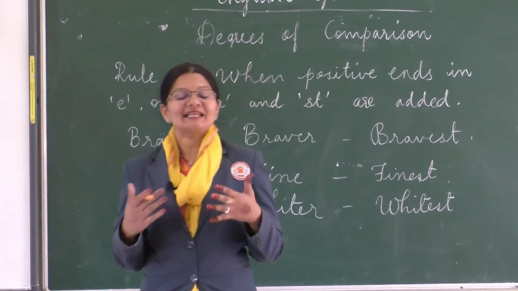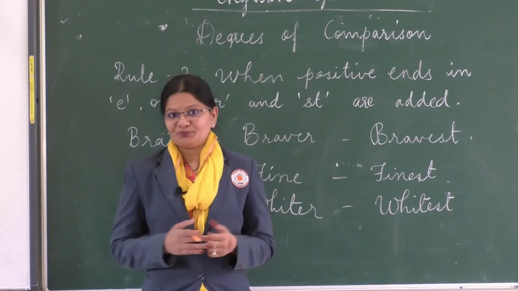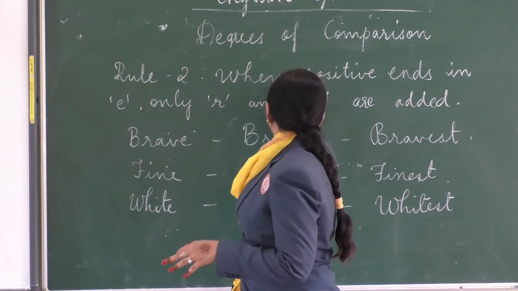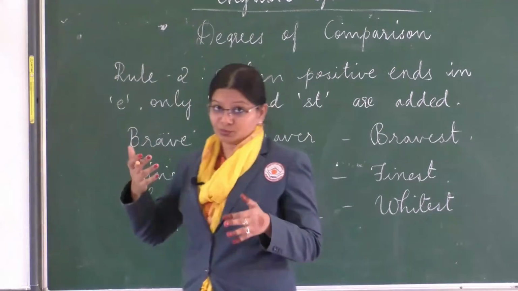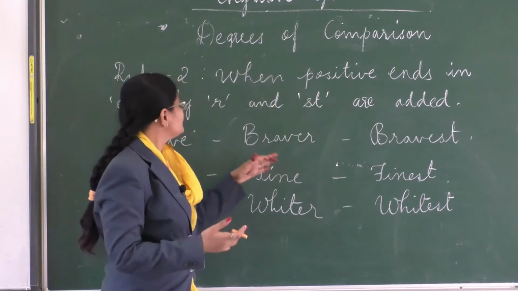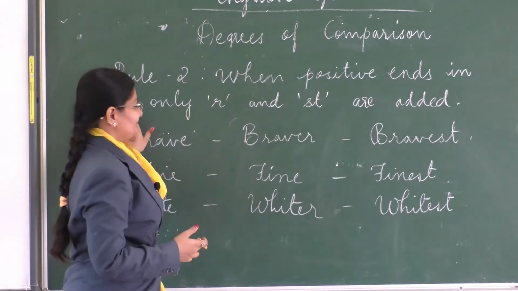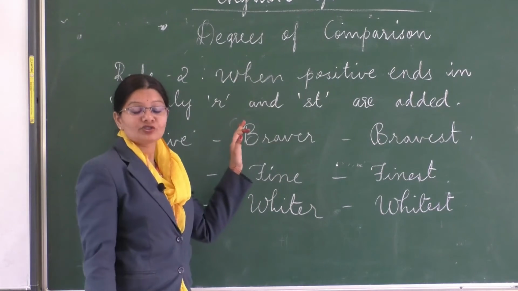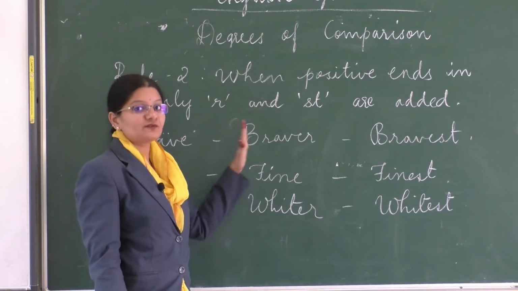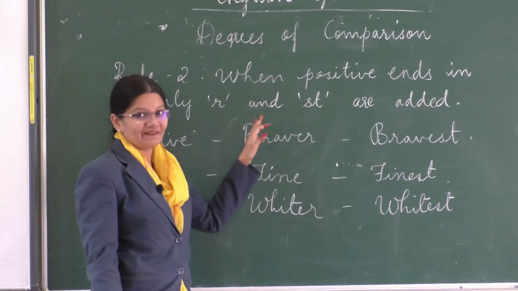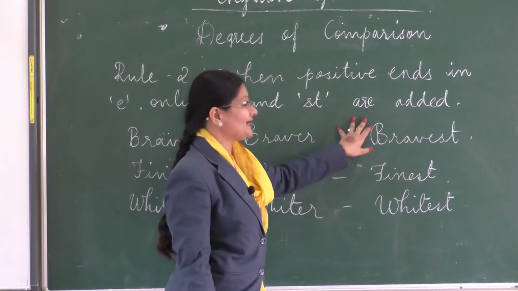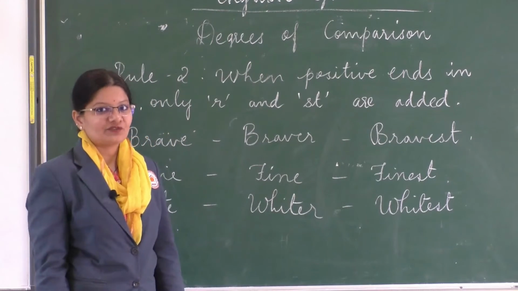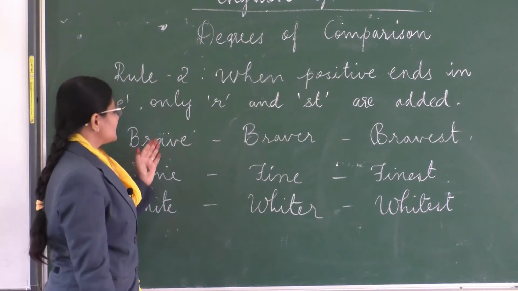Kids, let's now understand rule number 2. When you have positive adjectives which end in e, then to change the form of the positive to comparative, you add r at the end of the word and then you add st at the end for the superlative degree. So look at these examples.